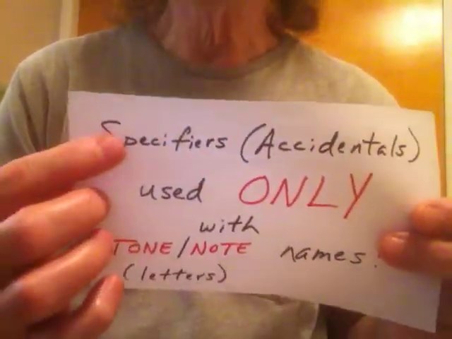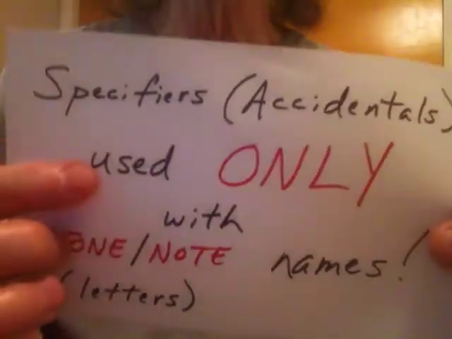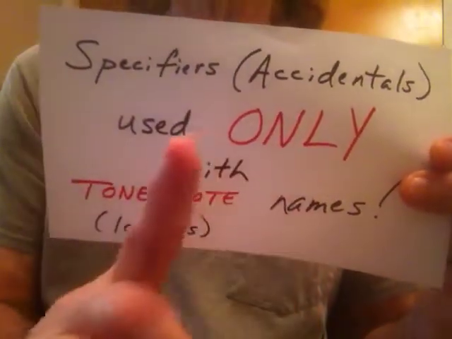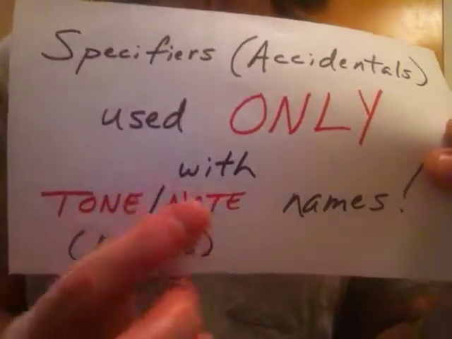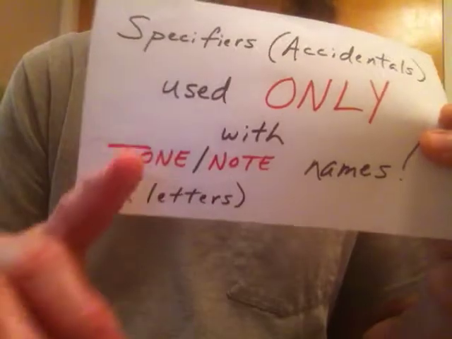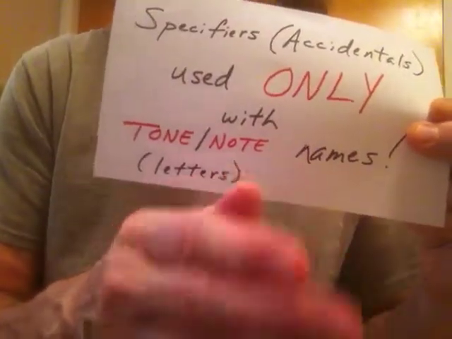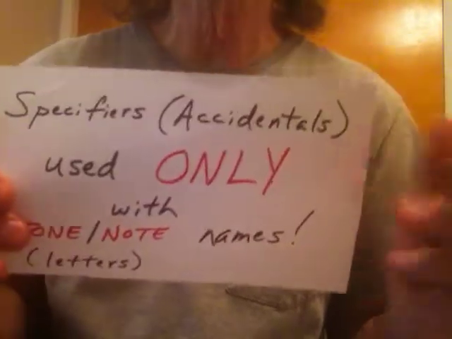In either case, it doesn't matter. The point is, in my system, specifiers or accidentals, if that's what you want to call them, are used only with tone or note names. Tone or note names are letters. A, B, C, D, E, F, G. Those are the letters that indicate tone names.